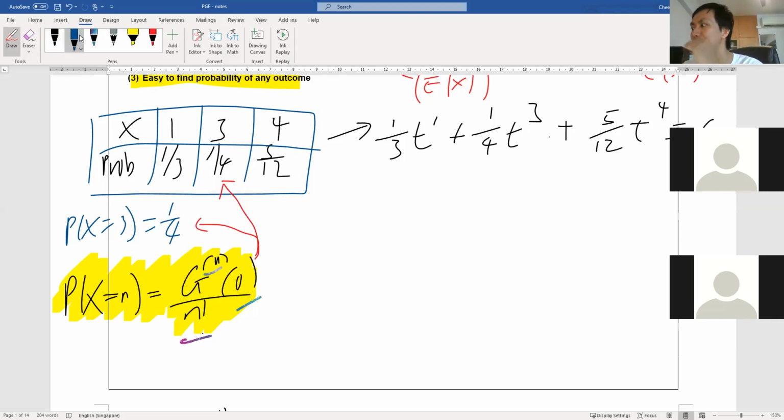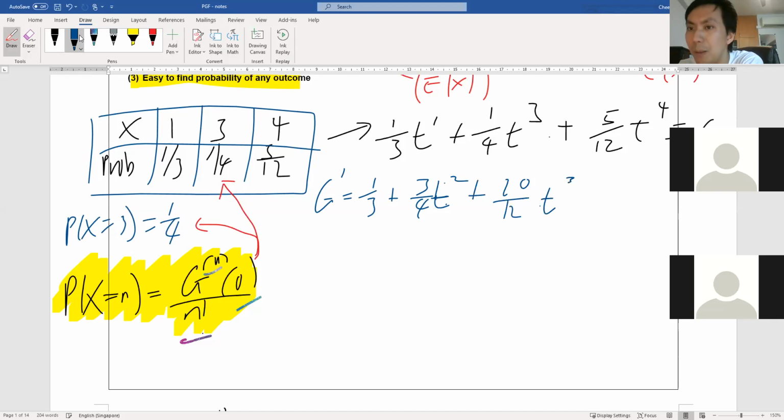Okay, so I need to differentiate this expression 3 times first. So you will see g prime, this will give you 1/3 plus 3/4 t squared plus 20/12 t cubed. Okay, differentiating 2 more times, g double prime is equal to 0 plus 6 over 4 t.